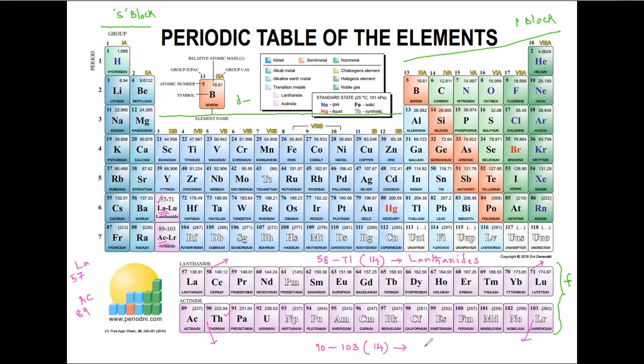These are called actinides. Okay, so you got 14 lanthanides and 14 actinides which come under F block. Okay, so there are 4 different blocks into which the elements are classified: S, P, D, and F. Right. Next.